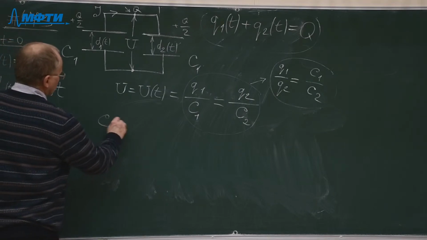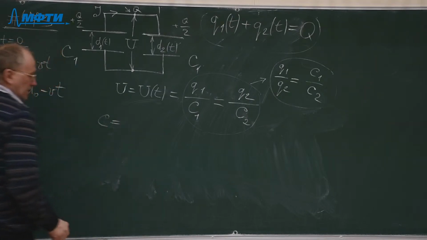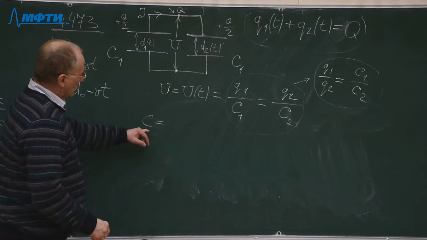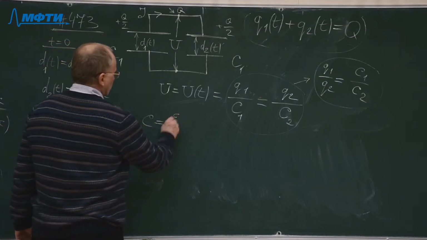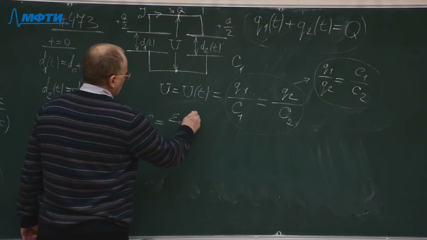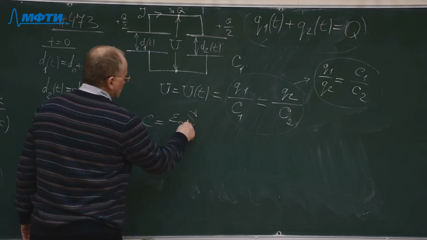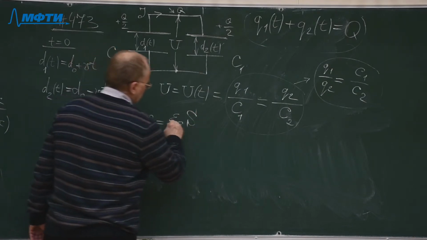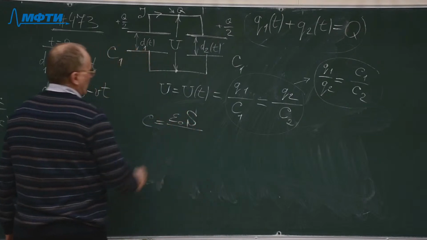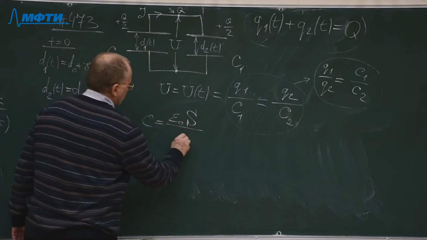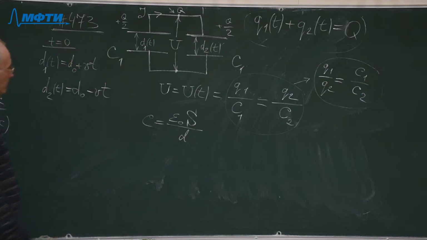We know that the capacitance in general, we obtained this formula during the last lecture, is equal to the electric constant times the area of the plate of the capacitor divided by the distance between the plates.